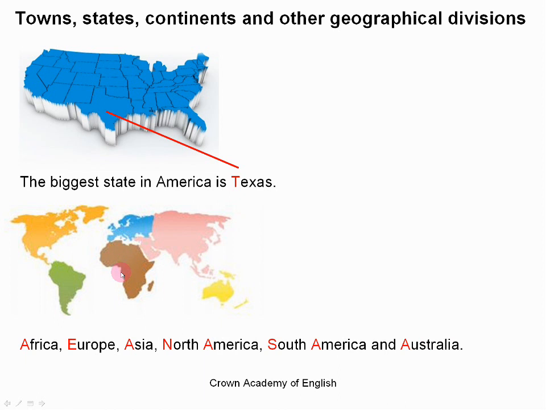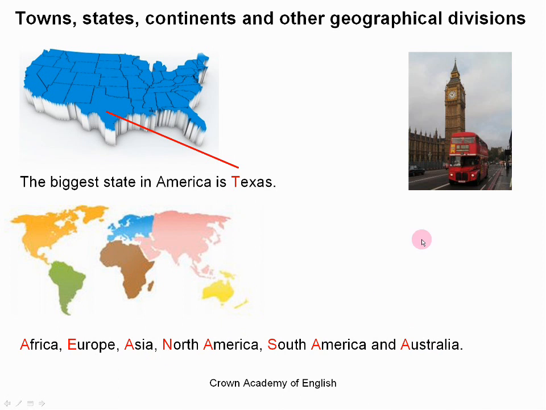So in English, we write the continents with a capital letter. Africa, Europe, Asia, North America, South America, and Australia. Capital letters. And here is a city. Here is London with a capital L.